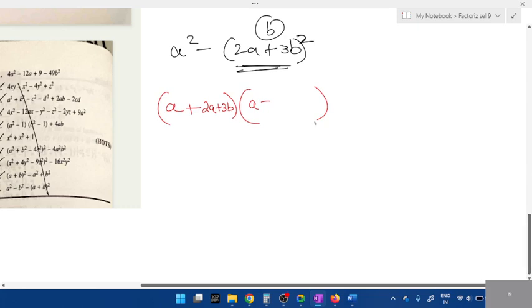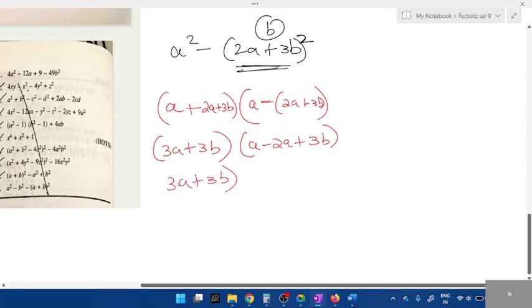But write it in bracket, because for minus we always write it in bracket. This is a plus b into a minus b. So I put minus. Now what is a plus 2a? 3a plus, and now when you open the bracket, a minus 2a plus 3b. So 3a plus 3b as it is.